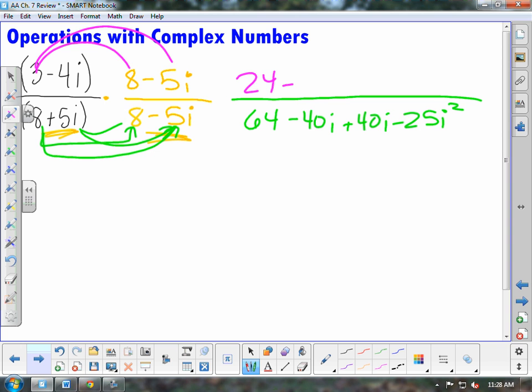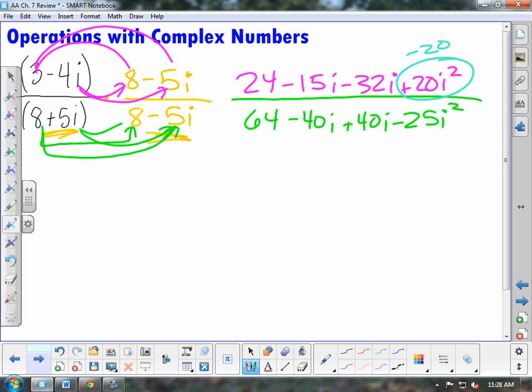In the numerator, 24 minus 15i minus 32i and plus 20i squared. So then we know that 20i squared turns into a minus 20, and 24 minus 20 is 4.